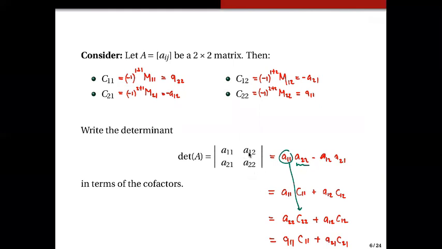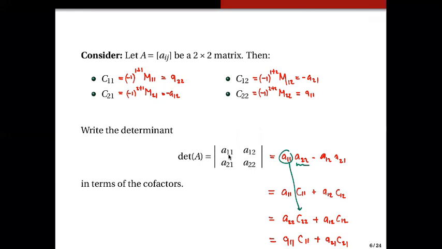For example, now we use the second column. The entry A12 is multiplied by the cofactor corresponding to A12, which is C12 in here, plus the entry A22 is multiplied by the corresponding cofactor, which is C22 here. So you have here A12 C12 plus A22 C22, and so on. We can also use the first row.